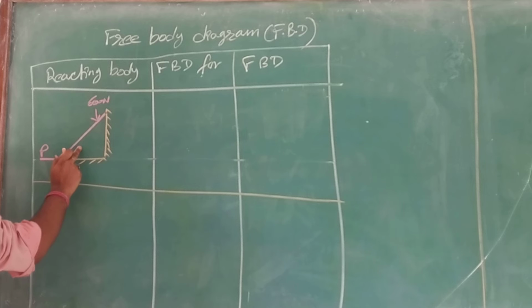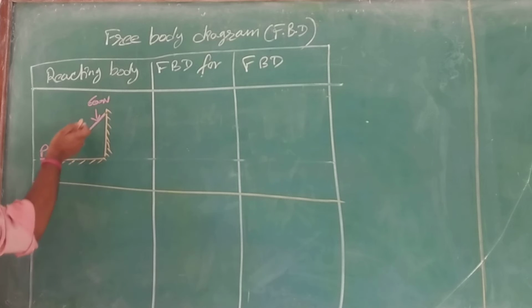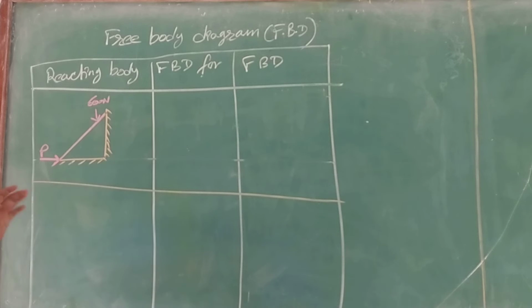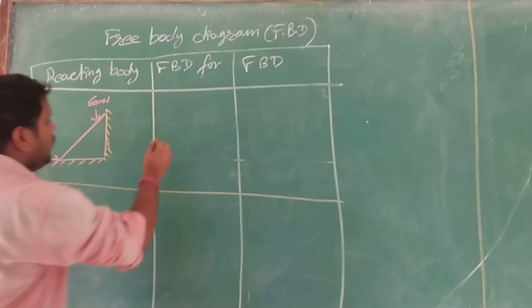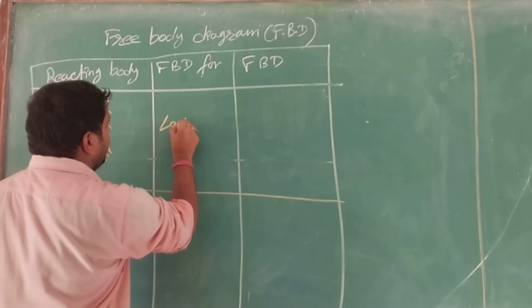First of all, we'll have the force due to the self weight of the ladder. Along with the self weight of the ladder, we have another weight of 600 Newton and a force P. Now, FBD for what? We shall find the FBD for the ladder.